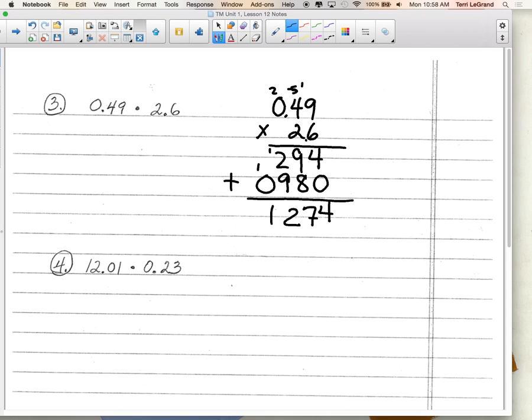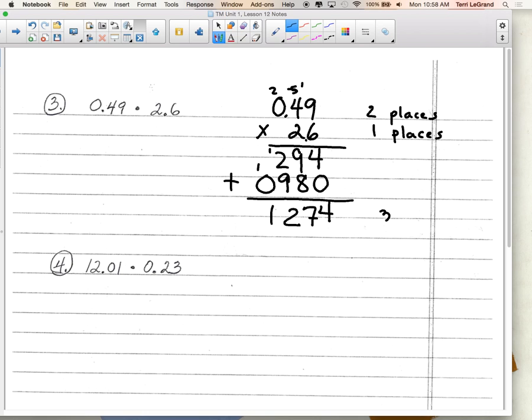And how many places do we need to have for the decimal point placement, Kelia? 2. 1, 4. 2, 3. Okay, maybe we better put this. 2 places, 1 place.